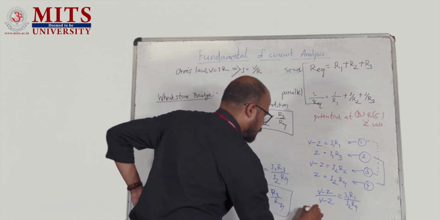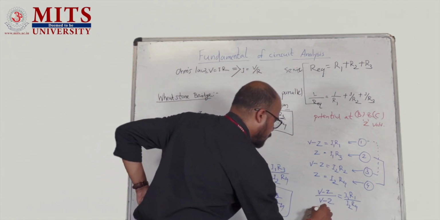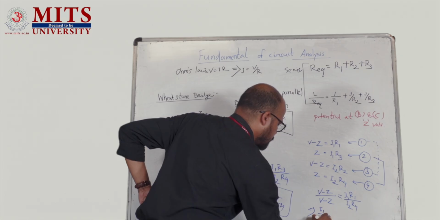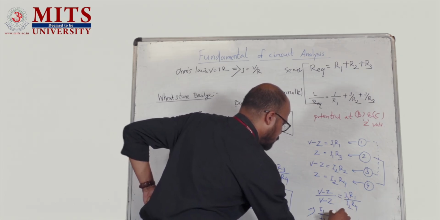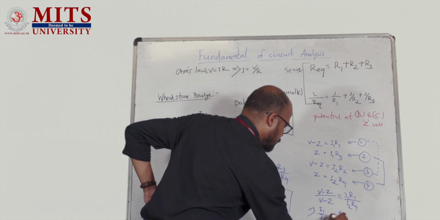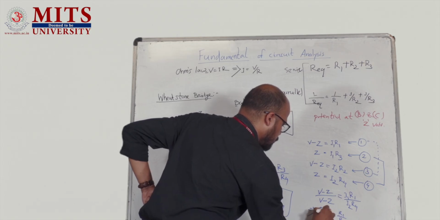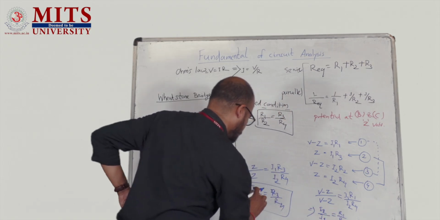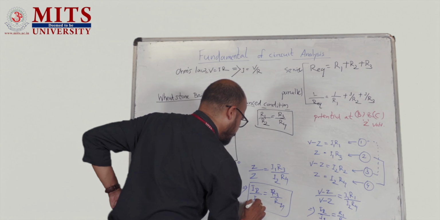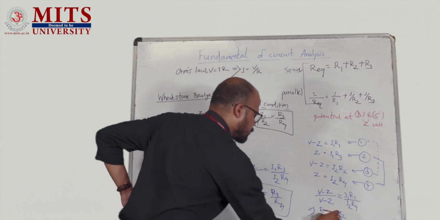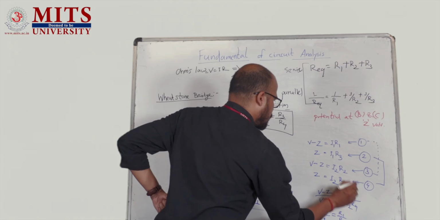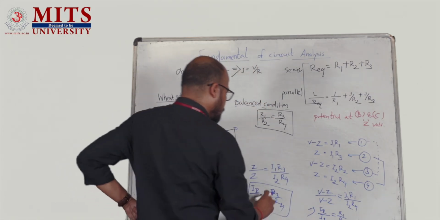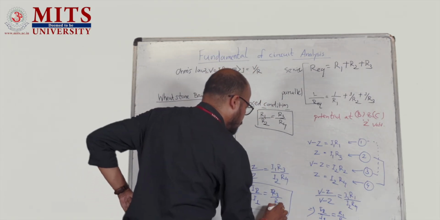So this will be I1 by I2 is equal to R1 by R4. Sorry, this one will be I2 by I1 is equal to R1 by R4.